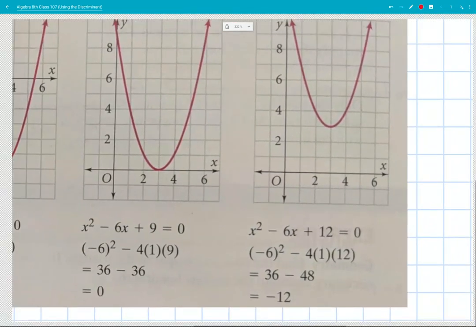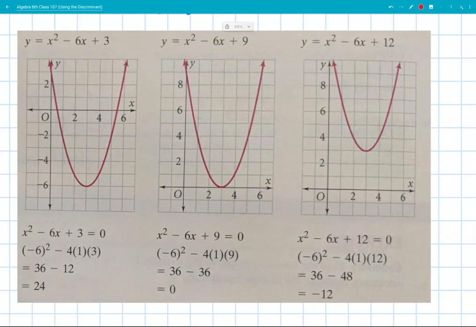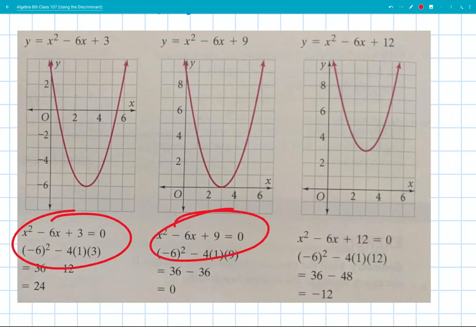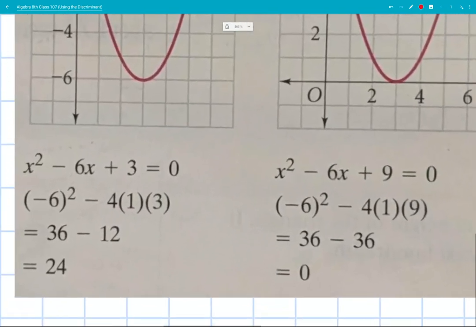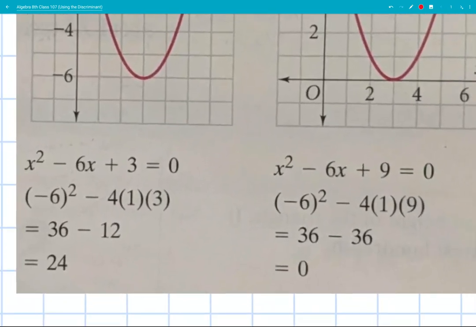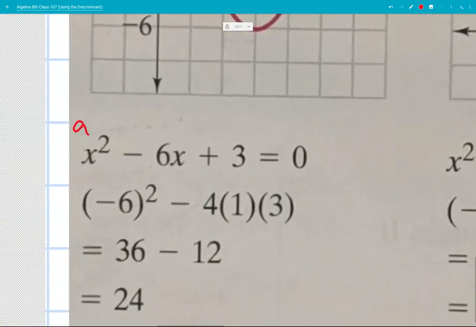So here we have 3 different equations, okay? And these are already all in ax squared plus bx plus c equals 0. So we don't need to move any numbers before we use the quadratic formula. So in this formula, b squared minus 4ac, well, we know that a is 1, right?